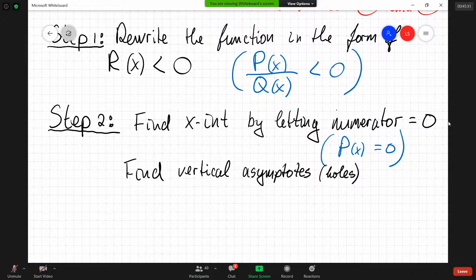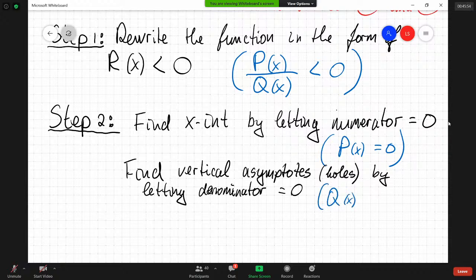So find vertical asymptotes, or they could be holes, and we do that by letting the denominator equal to 0. The denominator here is q of x. So we would let q of x equal to 0. That would give us our vertical asymptotes and possible holes, whichever ones they turn out to be.